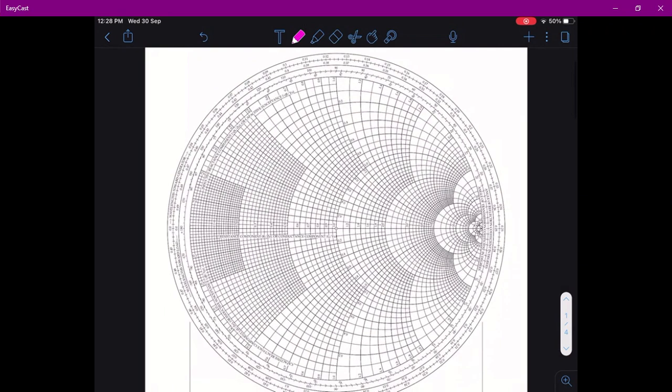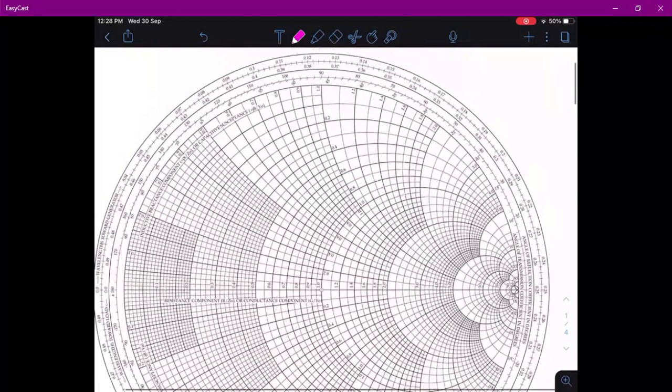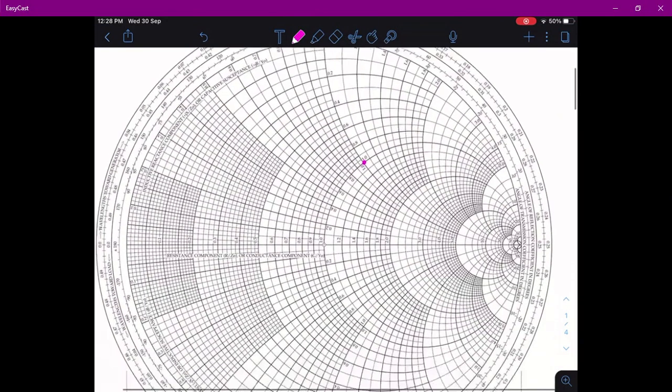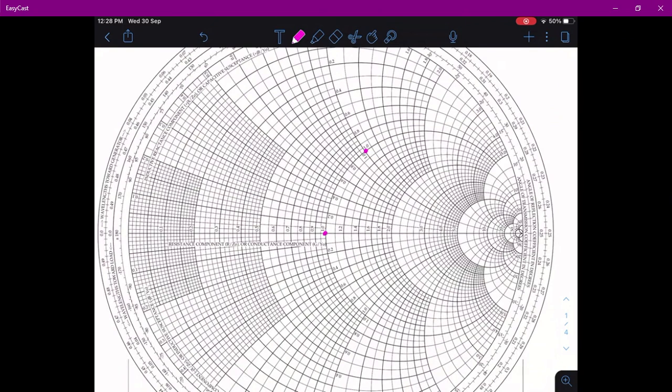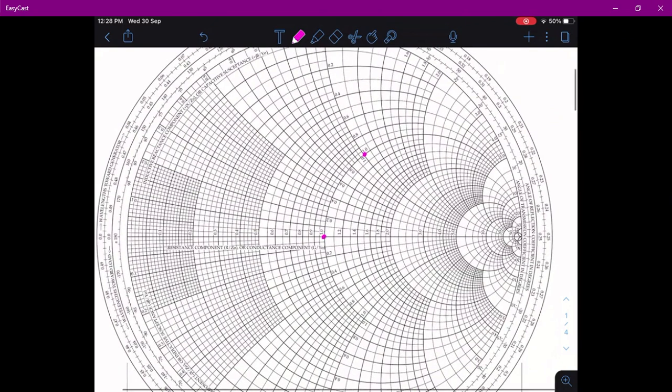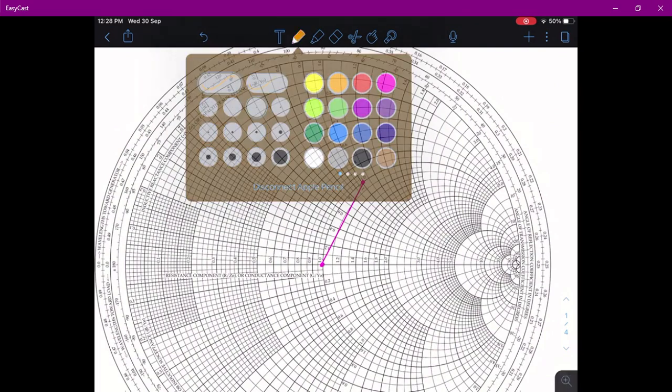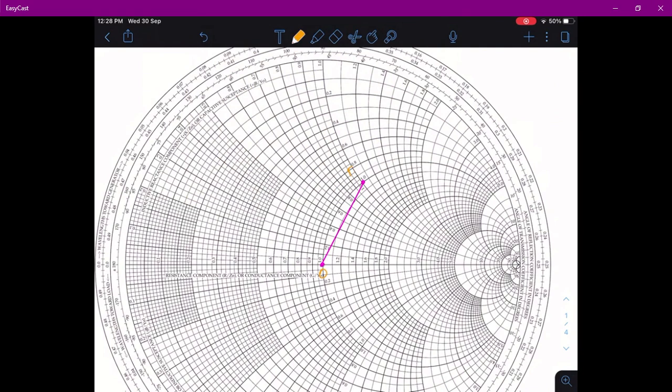It's a normalized impedance, and you know how to mark ZL bar. So that is this point, and you know this is the origin. So you can connect these 2 points. Fine. So this is my O point and this is my A point.